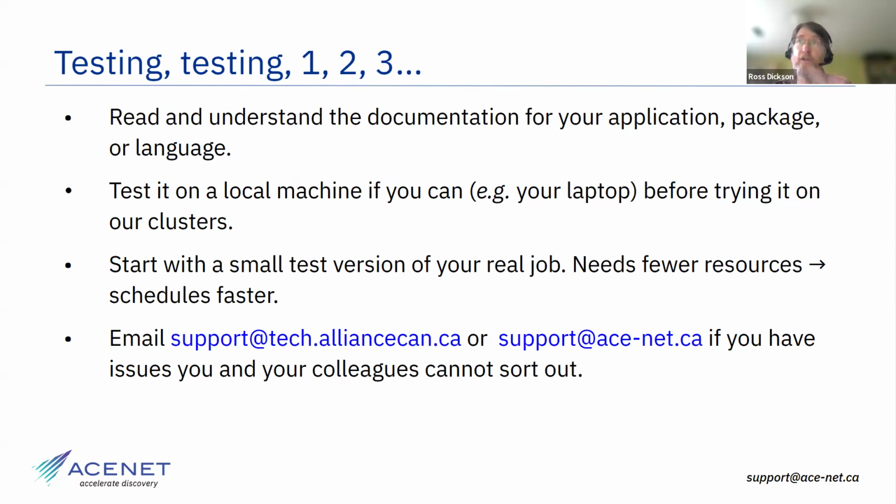Put in a small test job that just asks for a small number of these things. I talked earlier about how the order in which we decide to run things is not strictly first come, first served. It mostly depends on how many resources you ask for. If it's only asking for a few minutes and a few cores and a little bit of memory, it'll probably run quite quickly, like right away, most likely.